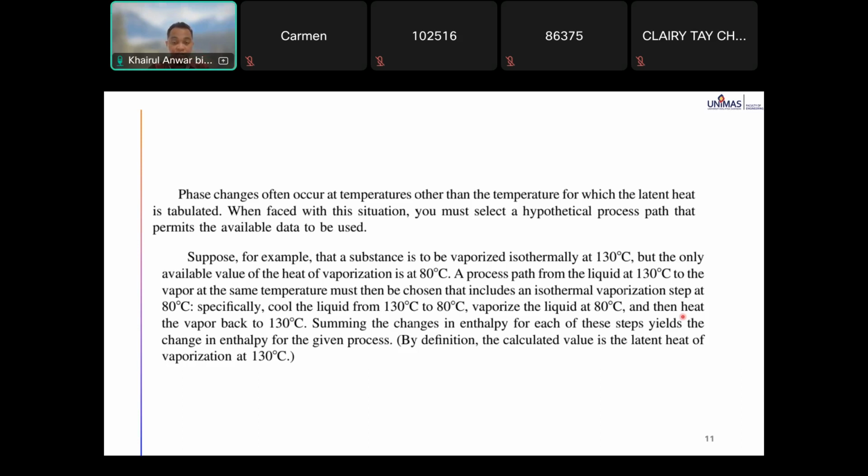Summing the changes in enthalpy for each of these steps yields the change in enthalpy for the given process.